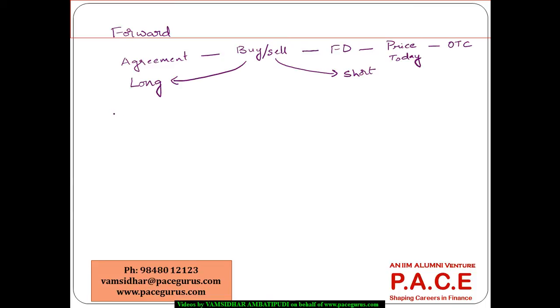And the most common type of forward contract that we see, which has a heavy volume of trading, is on foreign exchange currency. Currency forwards are the ones which have the largest market, and they are very popular.